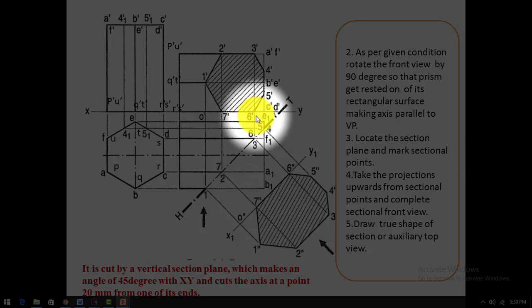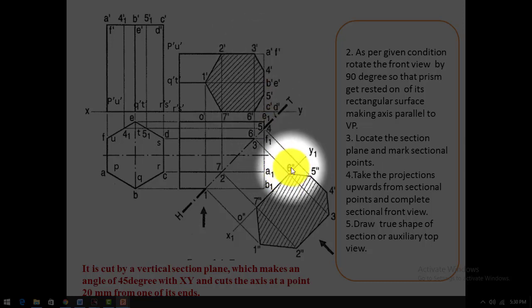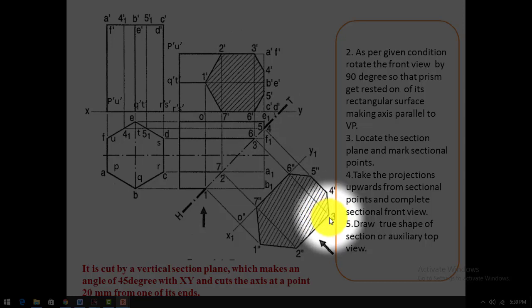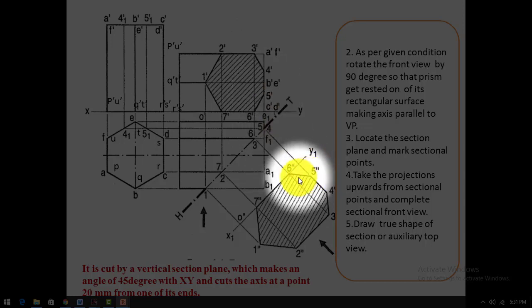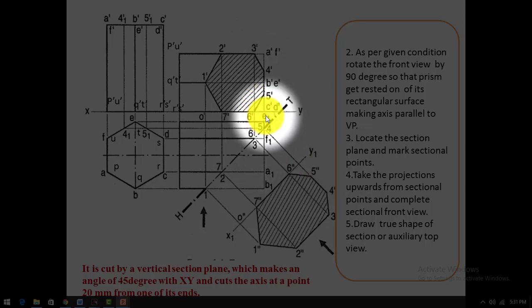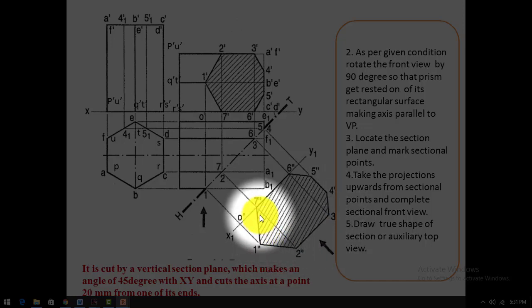Then for 3 double dash, take the 6 dash 3 dash distance in your compass, with 6 double dash at the center, cut an arc here; this is the 3 point. Then take the distance of 5 dash from the XY line and mark 5 double dash. Take the vertical distance of 4 dash from the XY line for 4 double dash. Join these points with a thick continuous dark line, then draw the hatching lines here. This is the true shape of the section.